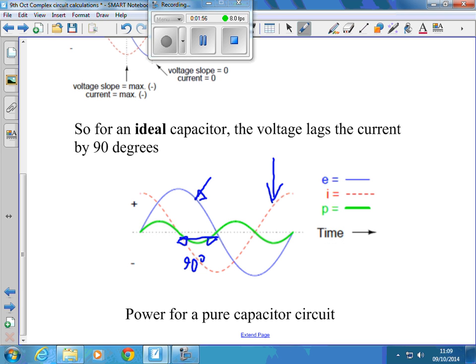Again, we get this double pulse on power with the top half and the bottom half cancelling each other out. No overall power dissipated.